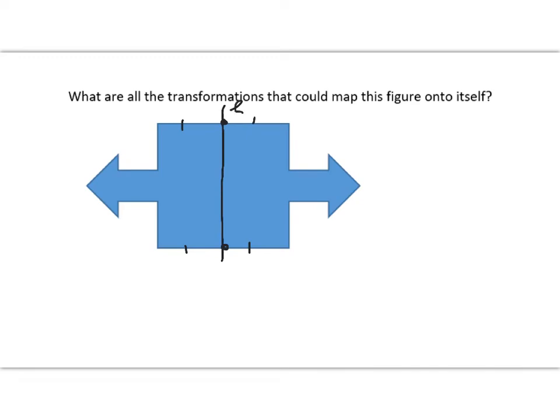Let's just call it L. So I could reflect over L. Another thing I could do is, let's say this line right here, I could do a line of symmetry here as well. We'll call this M. So I could reflect over M.